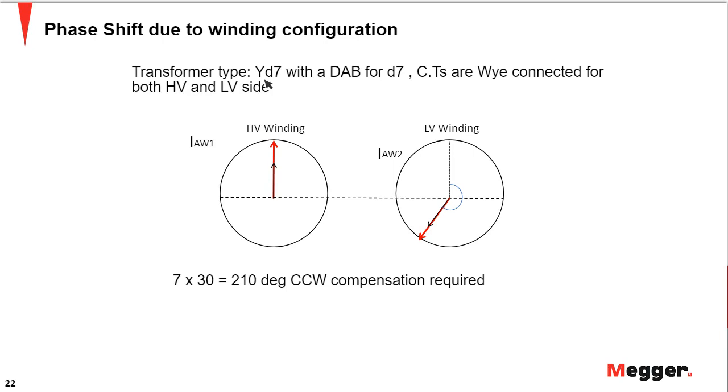And these compensations can be provided internally in the relay itself, in the relay settings. When designing the relay settings, there are different settings to provide your compensation, and different numbers are used for different compensation vector groups.